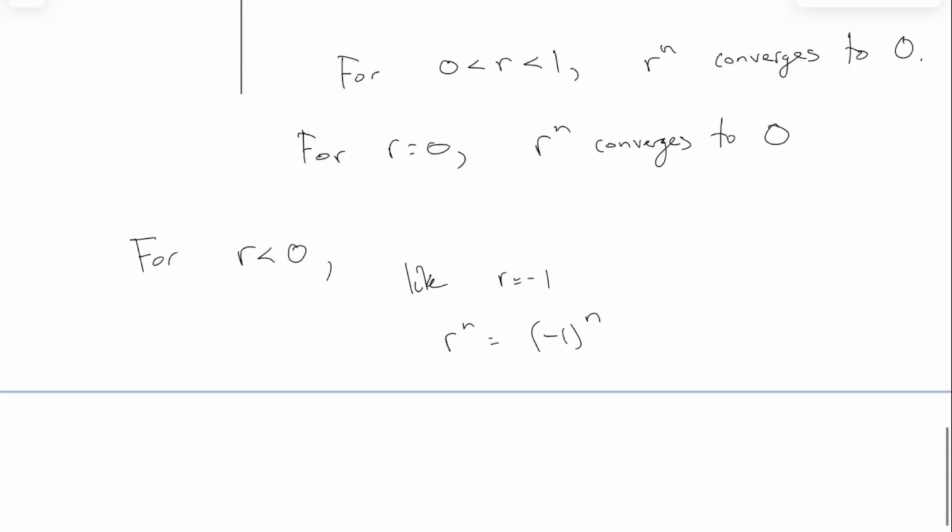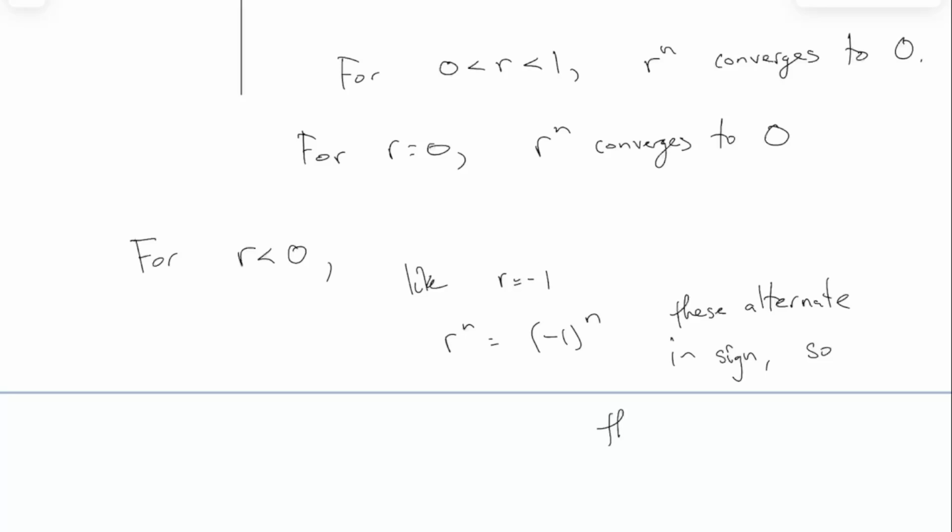So for r less than 0, these alternate in sign, and so they diverge. And this is the whole story. We have now discussed all possible values for r and what happens to the sequence.